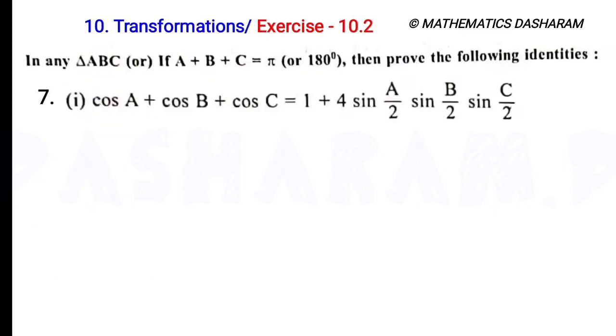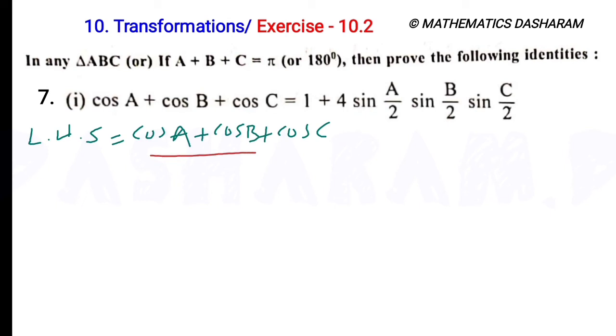Seventh bit, first problem: cos a plus cos b plus cos c equals 1 plus 4 sin (a by 2) into sin (b by 2) into sin (c by 2). For the first two terms, apply the cos c plus cos d formula, that is 2 cos ((c plus d) by 2) into cos ((c minus d) by 2).